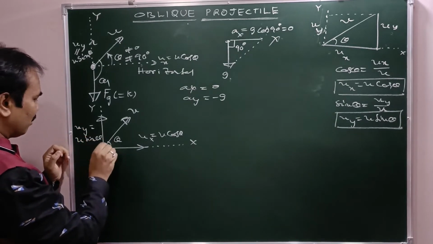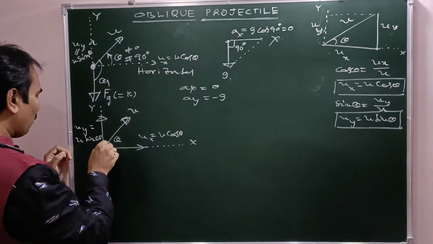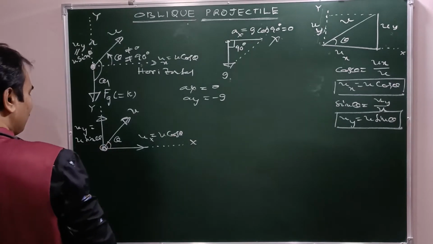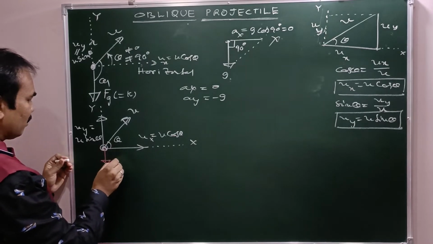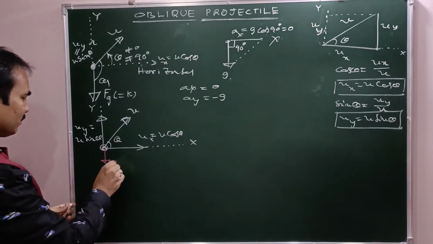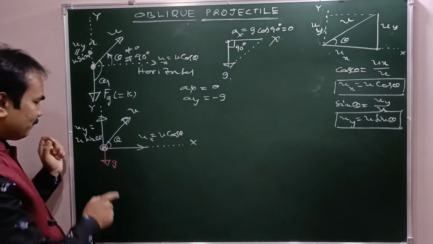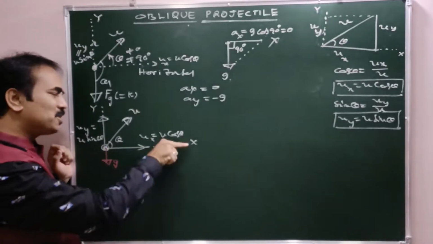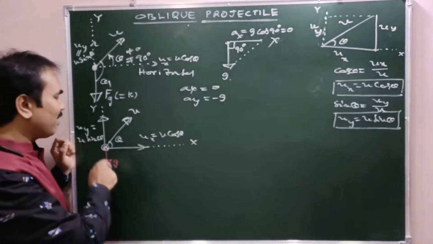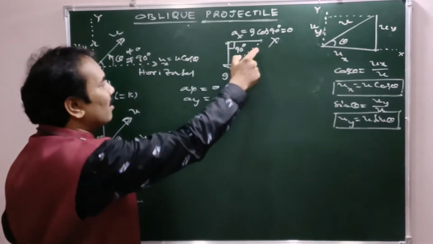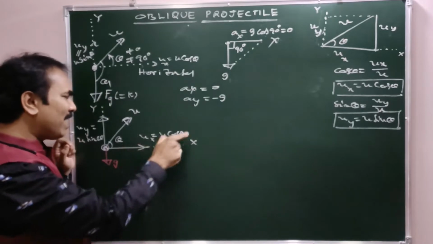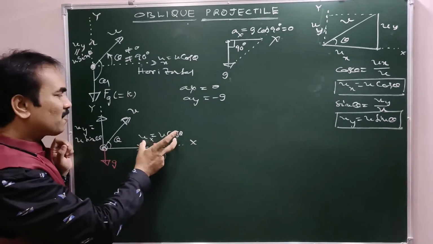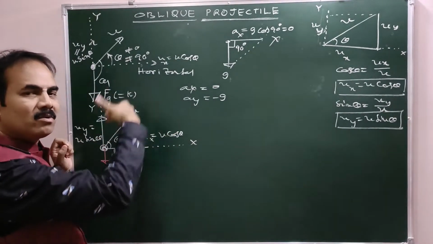But g is vertically downwards. There is no effect of g along horizontal, because along horizontal g has no component. As there is no acceleration along horizontal, this component remains constant throughout its path.